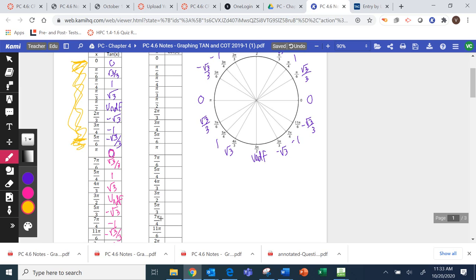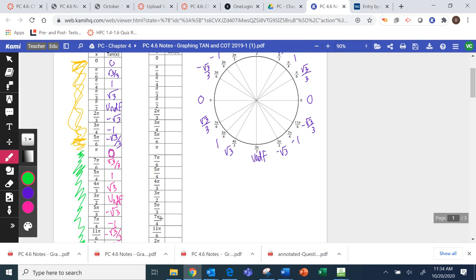Or if I start at pi and I go all the way down to 2 pi: 0, square root of 3 over 3, 1, square root of 3, undefined, negative square root of 3, negative 1, negative square root of 3 over 3, 0. The values repeat in order. Do you see that? All the values repeat in order.